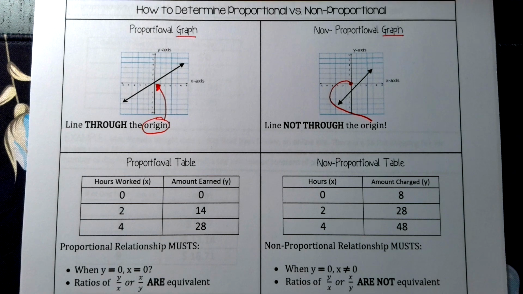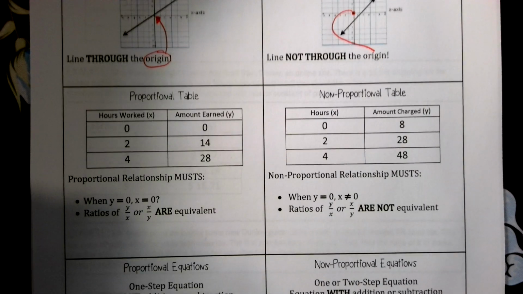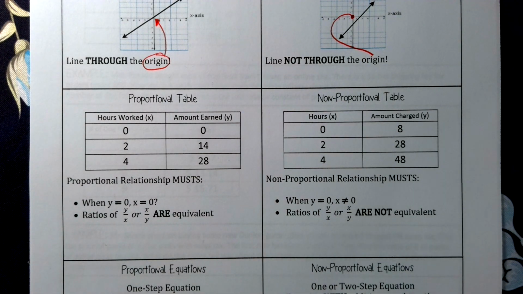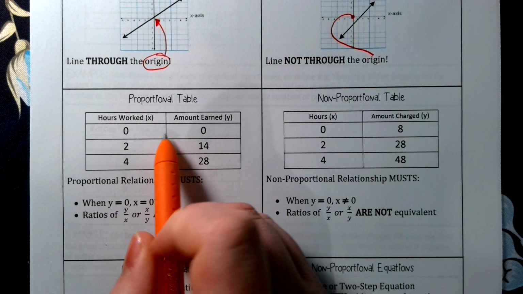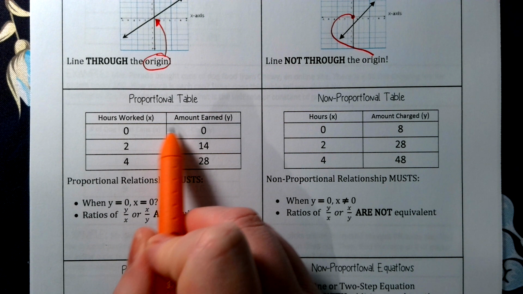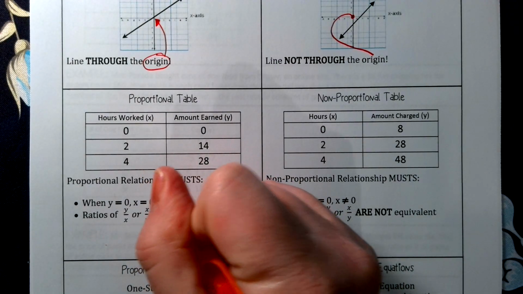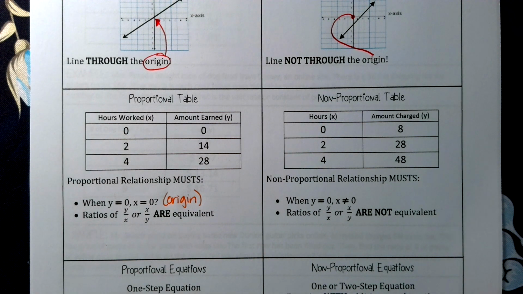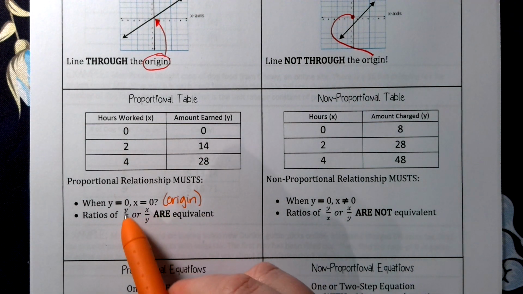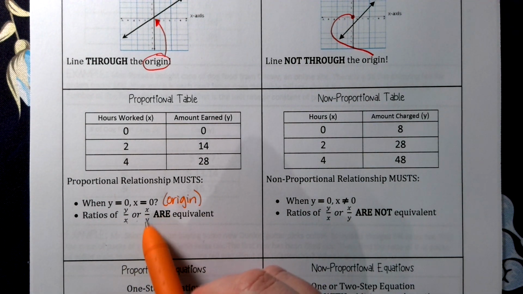If I have a proportional table, your graph will go through y equals 0 and x equals 0. So you should have 0, 0, because again, 0, 0, that's that origin. And then if I take y divided by x, or if I do x divided by y, I'm going to get an equivalent number.